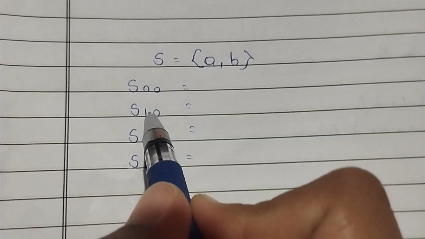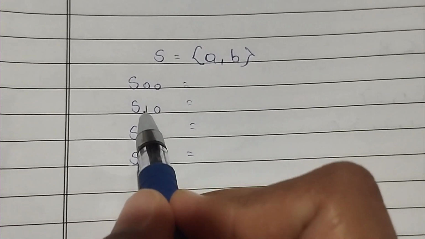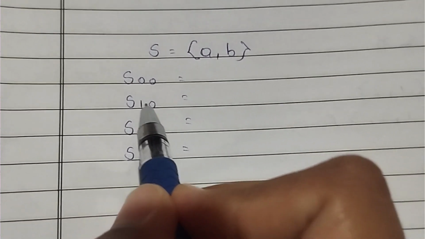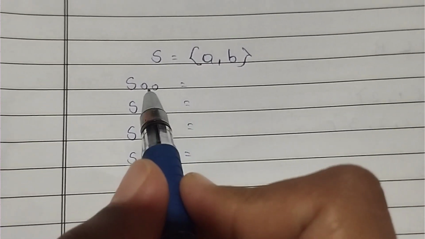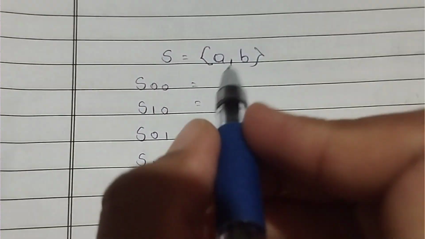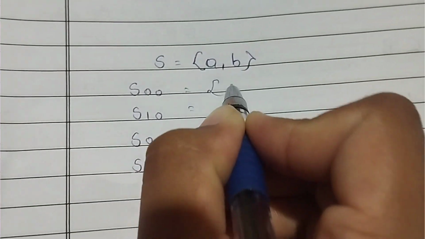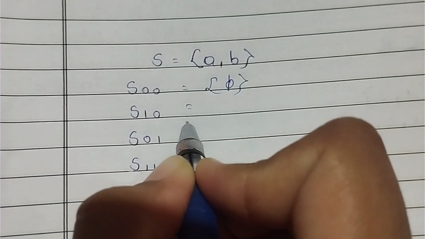When 1 is present, that element is written, and if 0, then don't write that element. So here both are 0, so the first subset is φ, meaning empty.